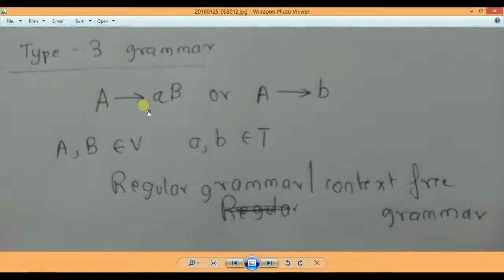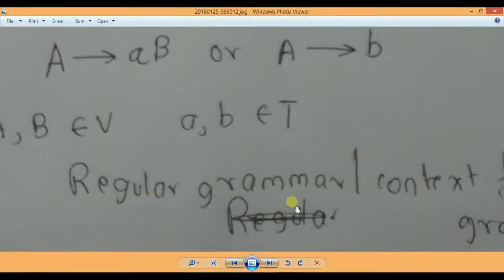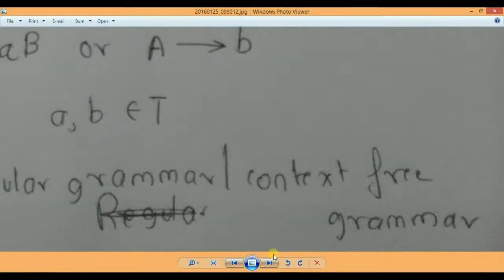So A must belong to the variables, and alpha can be a terminal followed by a variable, or only a terminal. Then it's a type 3 grammar. Type 3 grammar is also known as regular grammar.